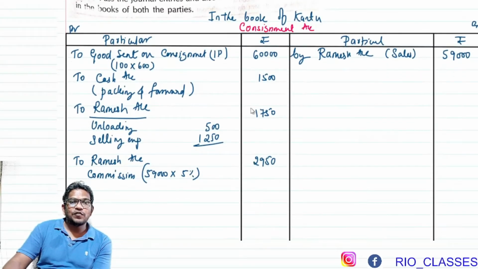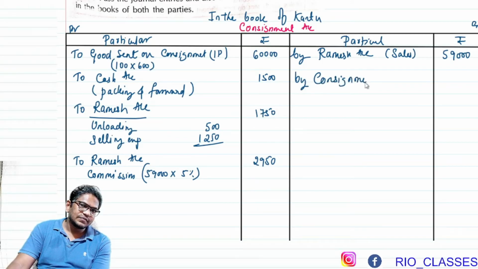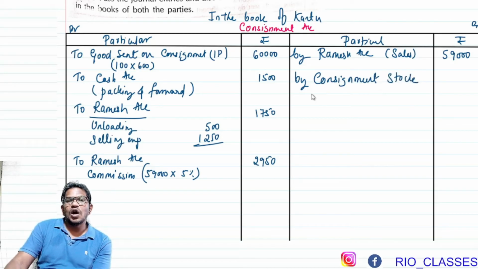Now we have to find out the closing stock. Value of the closing stock, you can say the goods sent on consignment stock account. Out of 100, he has sold 90. What is the closing stock? 10 cycles.